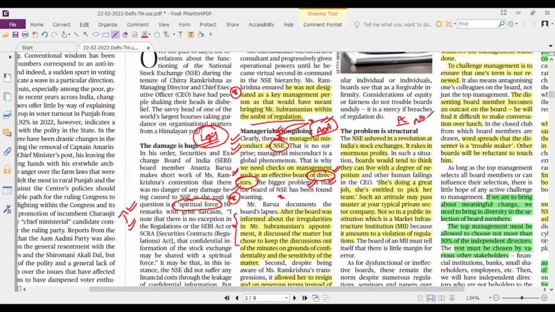NSE is a public company wherein it affects the finances of so many people. It is a market infrastructure institution. The financial repercussions are on the entire economy, and this is not how the NSE is supposed to be managed.